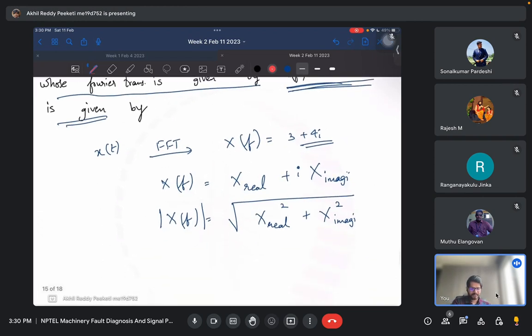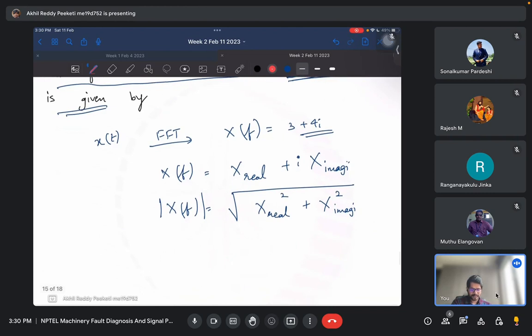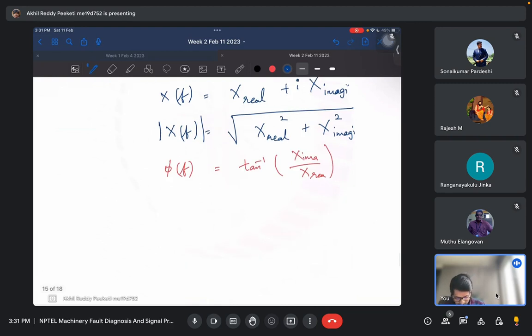The magnitude would be just the root of the sum of the squares, and the phase of the signal would be tan inverse of the ratio of the imaginary by the real component. Now the auto power spectrum.